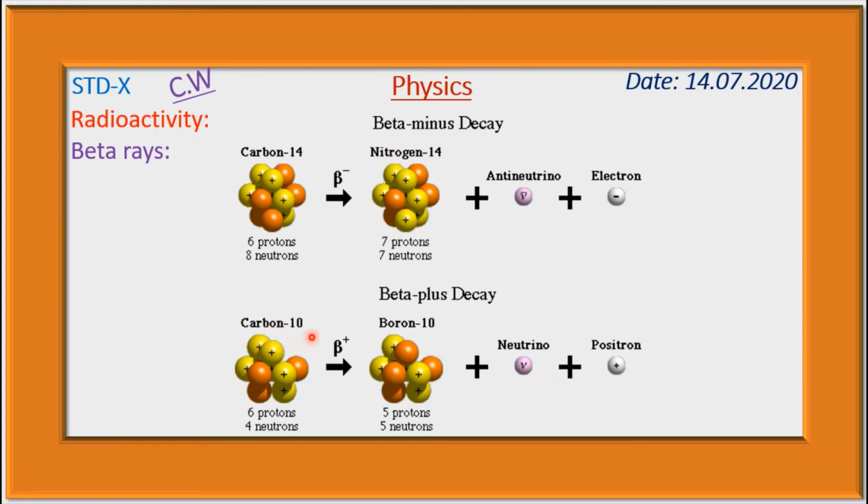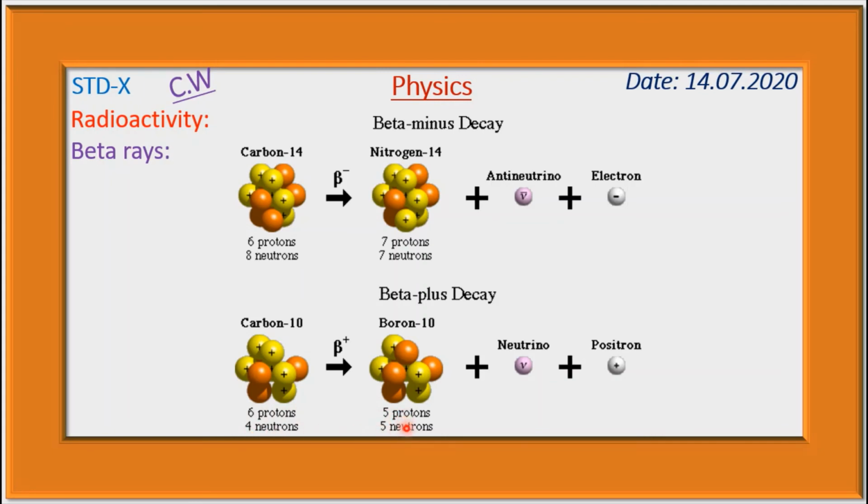And here carbon 10 is also an unstable isotope of carbon, with 6 protons and 4 neutrons, that is, the neutron number is very low. Here there are excess protons, therefore a proton will be broken down and form a neutron. Now the proton number is 6 minus 1 is equal to 5, and the neutron number will be 4 plus 1 is equal to 5.